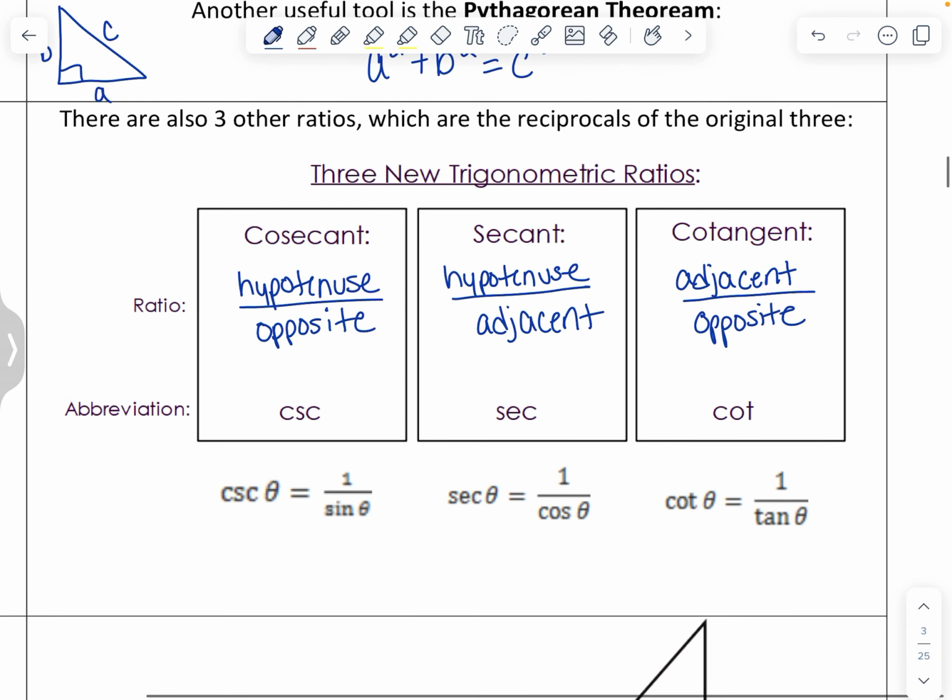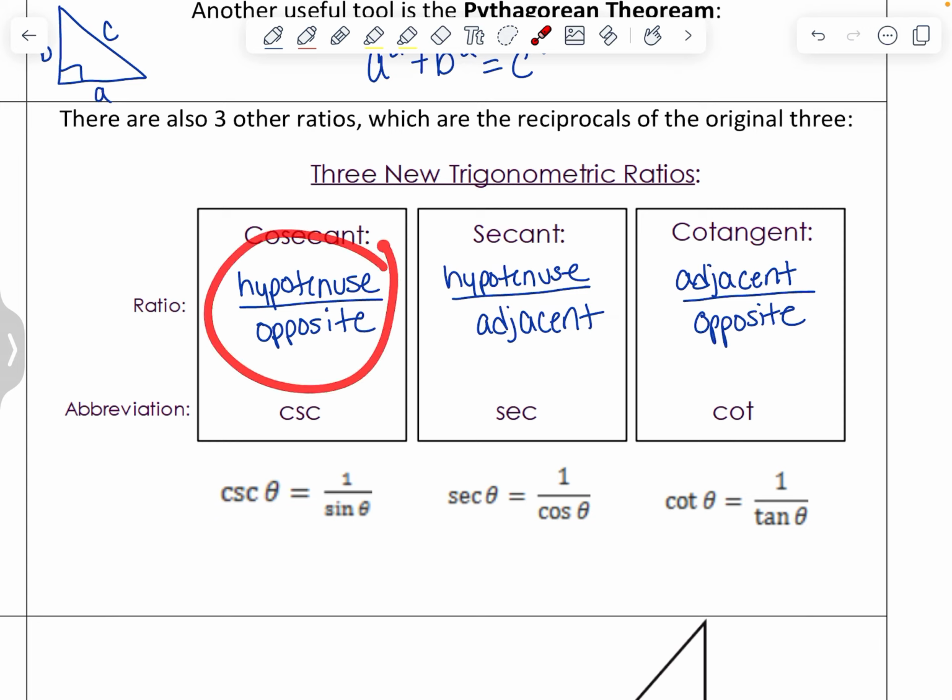The new ones you're going to learn today are the reciprocal functions for sine, cosine, and tangent. Cosecant is the reciprocal of sine, so cosecant is the same thing as 1 divided by sine of an angle. Since sine is opposite over hypotenuse, cosecant is hypotenuse over opposite.